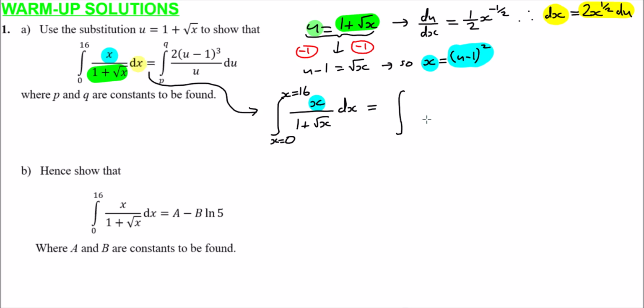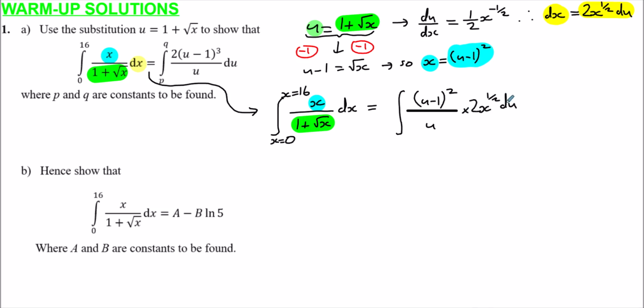So we've got u minus 1 all squared on the top. The bottom, 1 plus root x, is what we term to be our u. And then dx, we said, is the same as 2x to the half du.